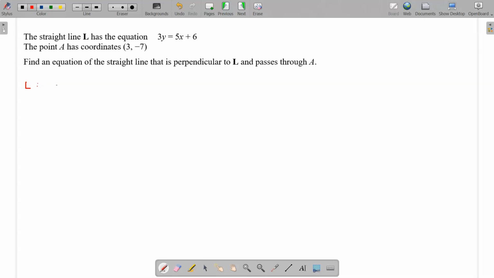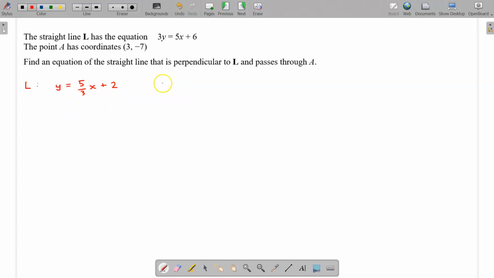I could say y equals 5/3 of x plus 6/3, which is the same as 2. Okay, the reason I've done that is in the form y equals mx plus c, right? So the gradient of the line perpendicular to this is negative 3/5.